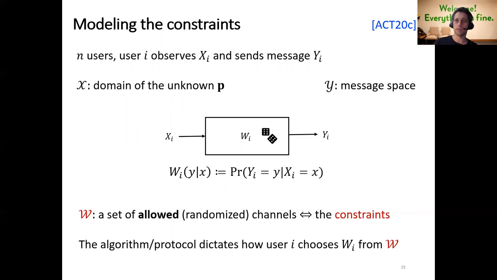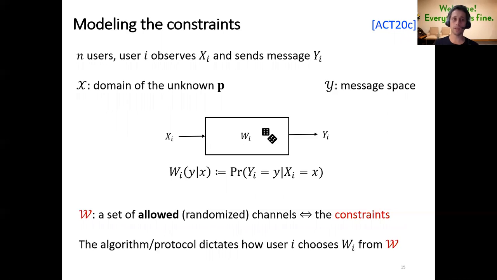And here I put those dice to emphasize the fact that this channel is randomized. If you prefer, you can just see that as what it is. It's a Markov kernel, but basically it's a conditional distribution that given x will give you the probabilities for each message. So W_i of y given x is the probability to observe y when the input is x.